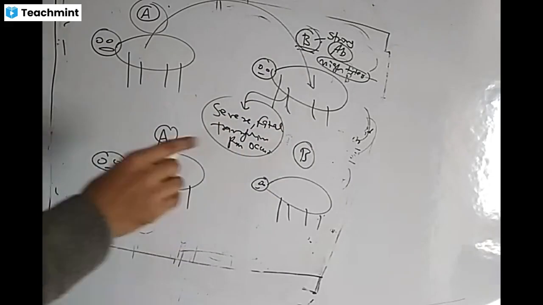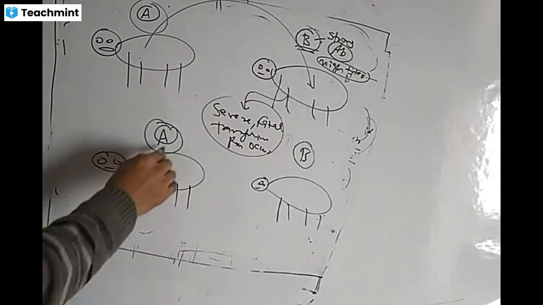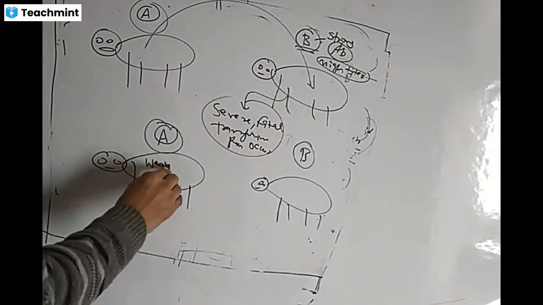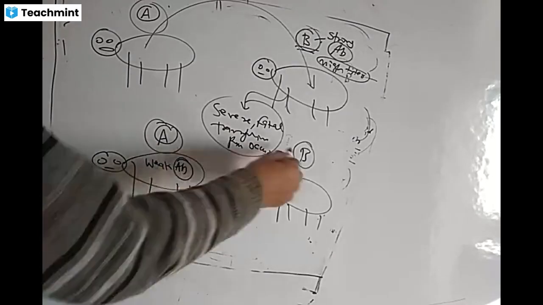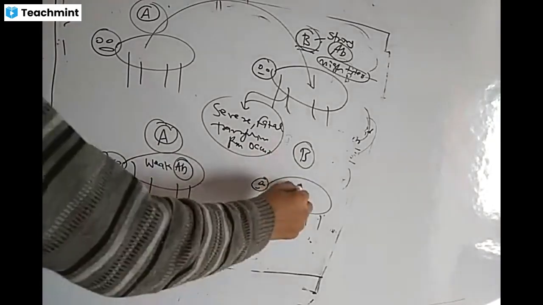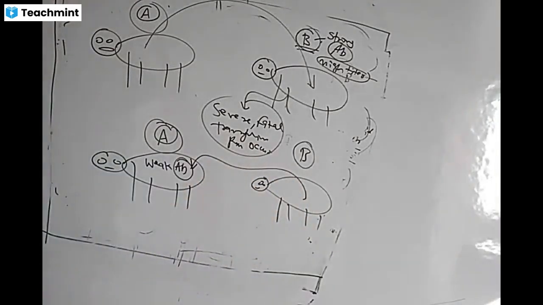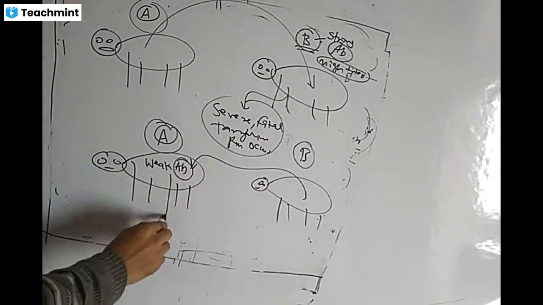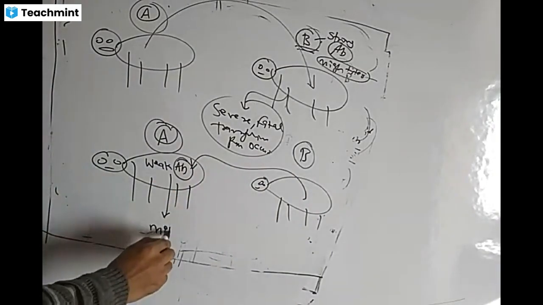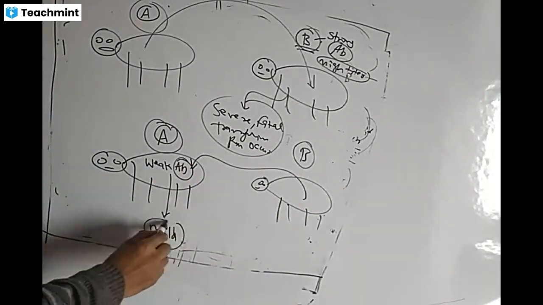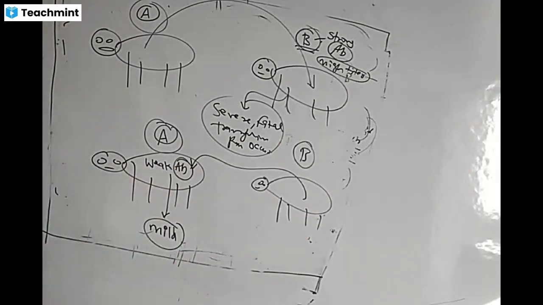If we transfer this A cat, they have weak antibody against the B. So if the blood of B is transfused into the cat A, then the reaction will be mild. Mild transfusion reaction will take place.